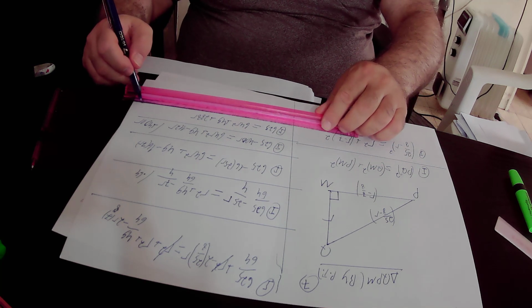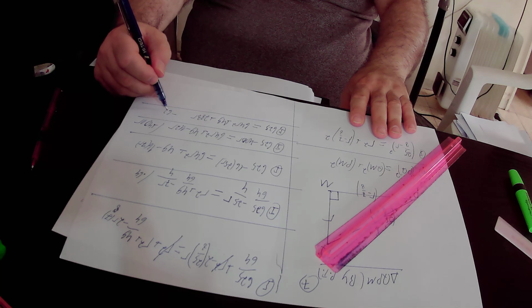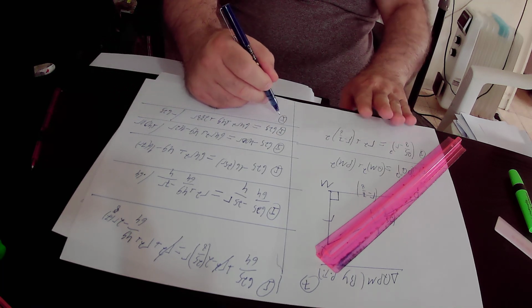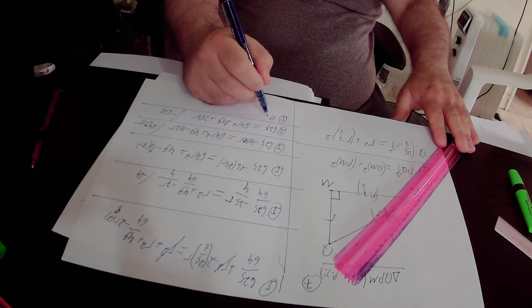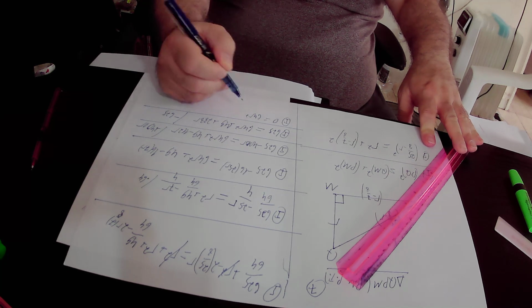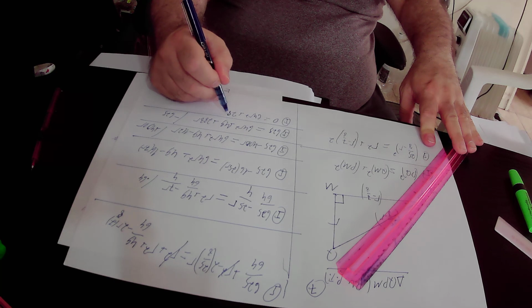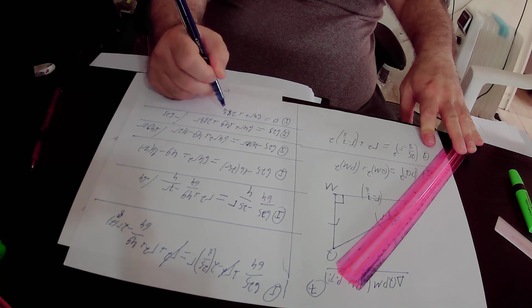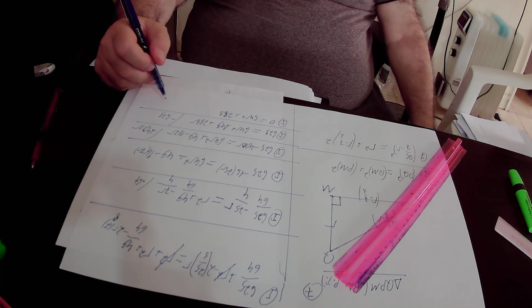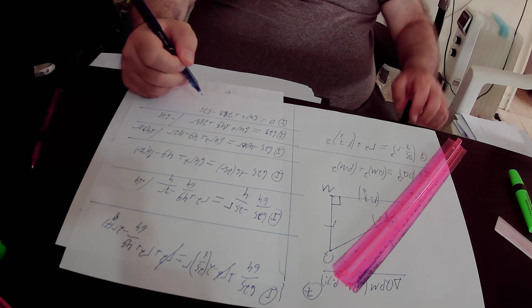Okay, so here we subtract 625 from this equation number 1, and we get that 625 minus 625 is 0, and it is equal to 64r squared plus 288r, and we have here 49 minus 625 equals minus 576.